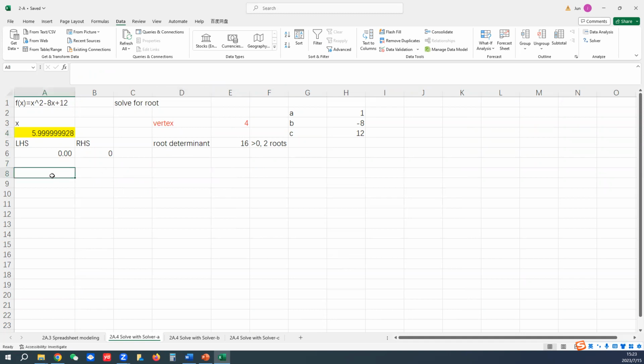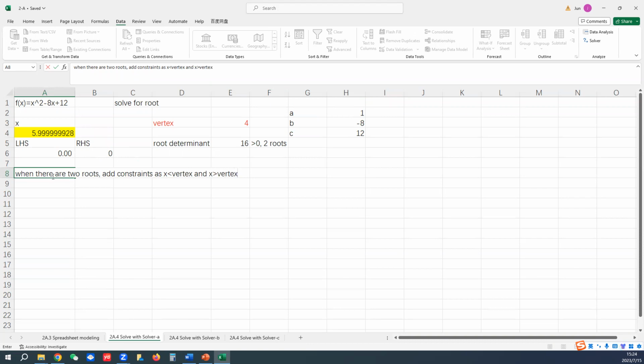So when there are two roots, add constraints as x smaller than vertex and x greater than vertex, and run solver twice to find the two roots.